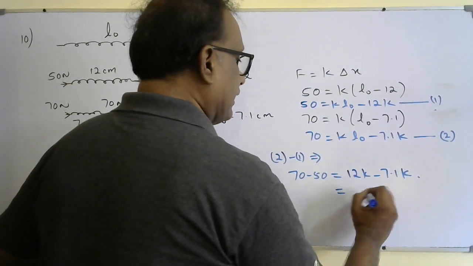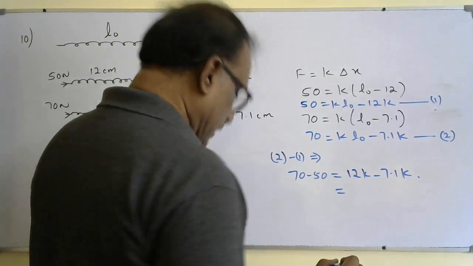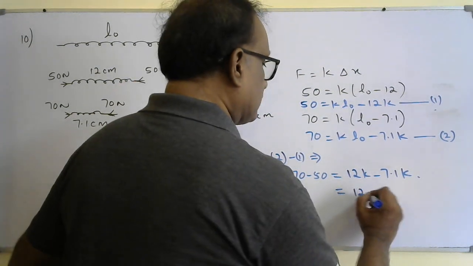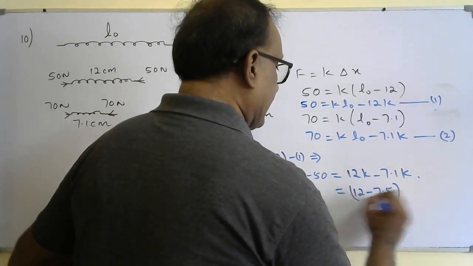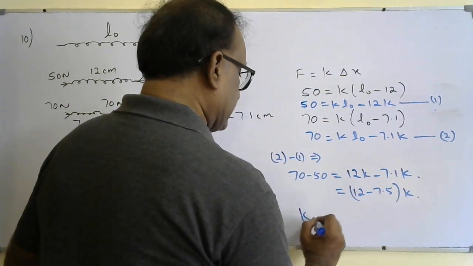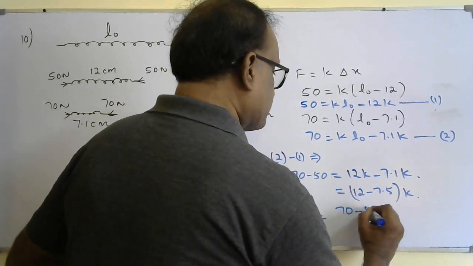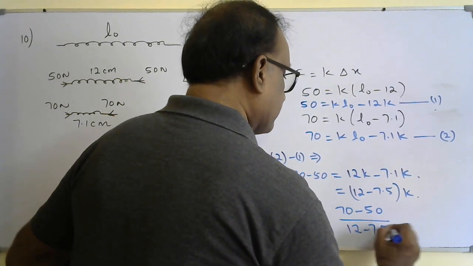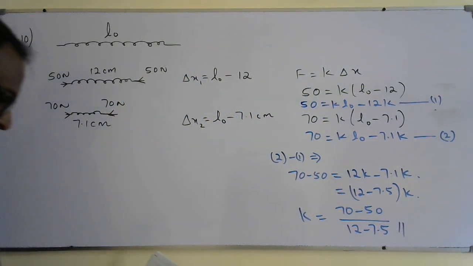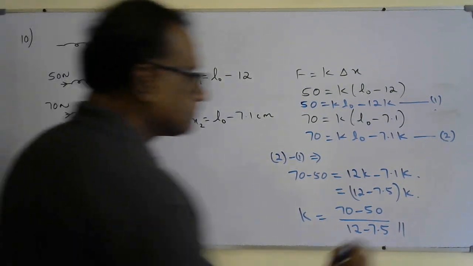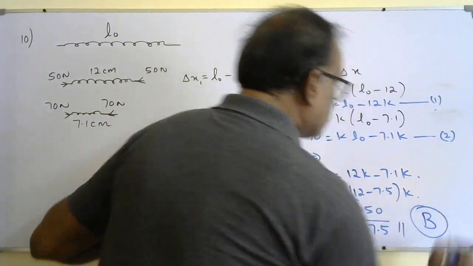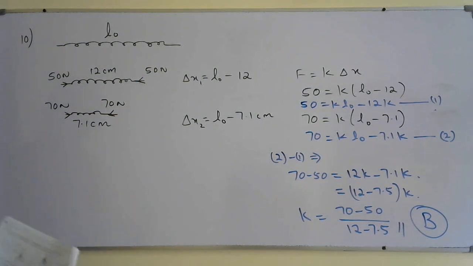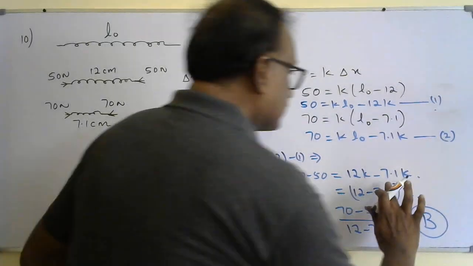So I can write this as 12 minus 7.1, take the K outside and make K the subject. K equals 70 minus 50 over 12 minus 7.1. That's the answer. Which answer? That is answer B. The correct answer, B. Minus 7.1, sorry, 7.1.